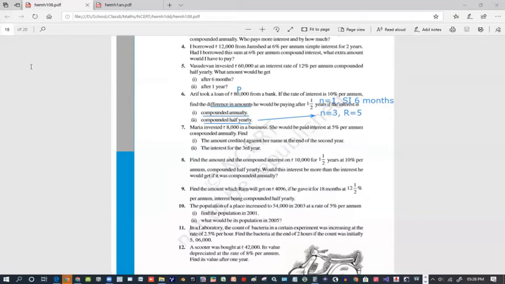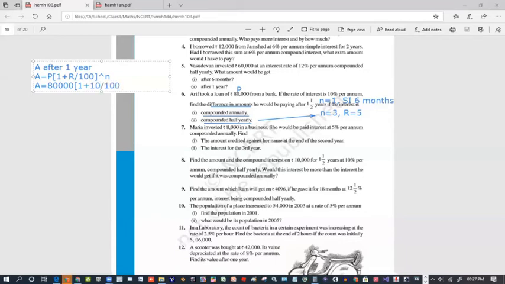So see, amount after 1 year is how much? A equals P(1 + R/100)^N. A equals 80,000(1 + R/100) to the power 1, compounded annually, so R will remain 10, no change there.